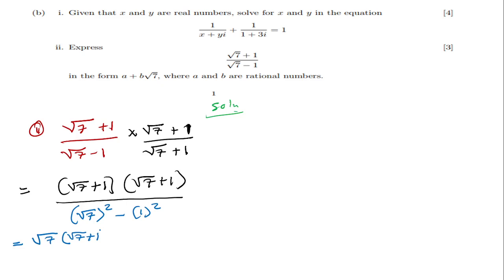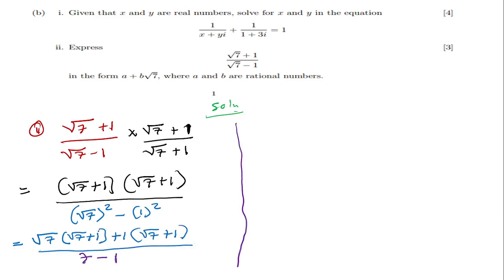So what is down there is square root 7 squared is 7, and then negative 1 squared is 1. So we're going to say minus that. With that in mind, you can work out what is on top. Square root 7 times square root 7, you know, square root a times square root a, the answer is what? A. So square root 7 times square root 7, the answer will simply be 7.